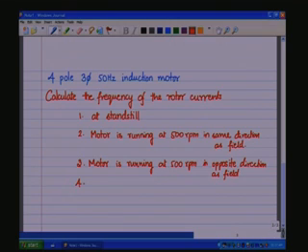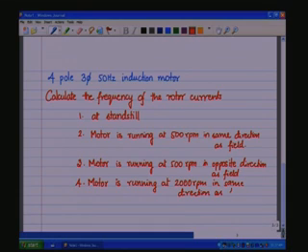And fourthly, what is the condition of the motor is running at 2000 rpm in same direction as the field. Let us understand the operation of the motor under these four conditions.